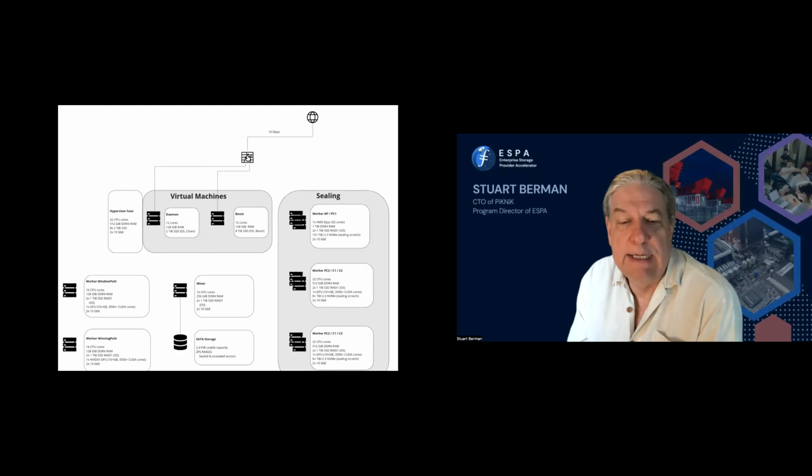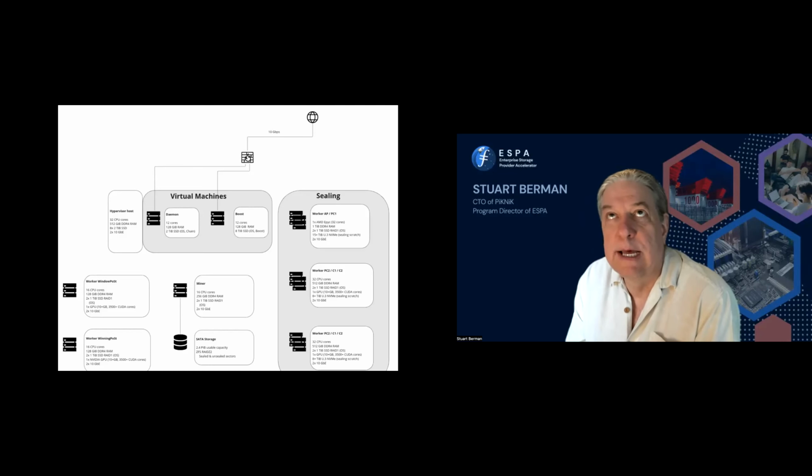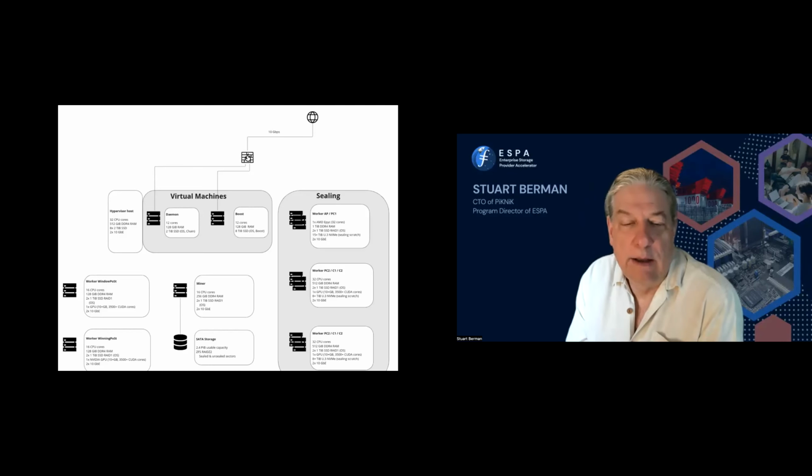So if you're saying 10 gigabits, that means I can push 100 TiB a day. If I've got 1 gig, I can push 10 TiB a day. That's a very rough theoretical max, not a true number, but it gives you a good rough idea.